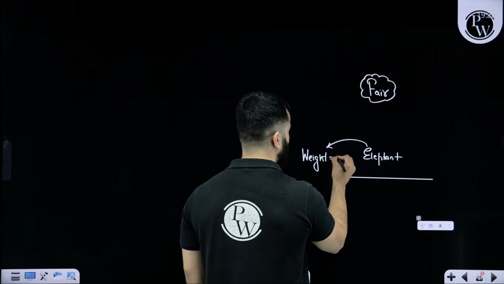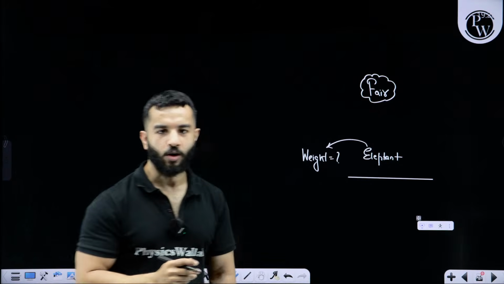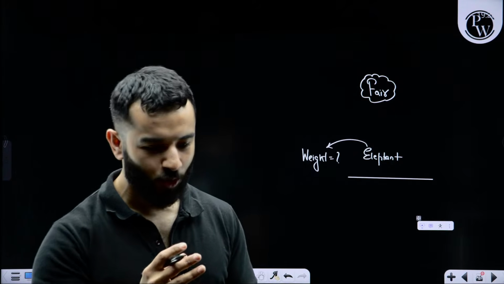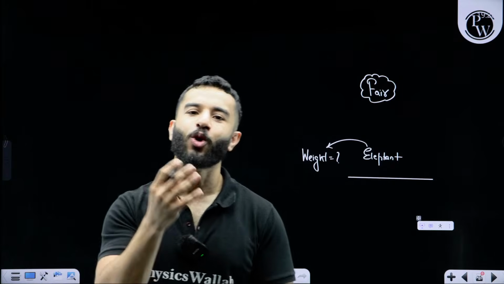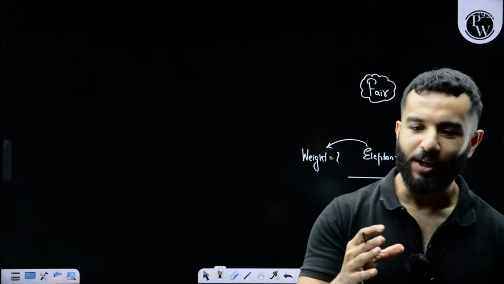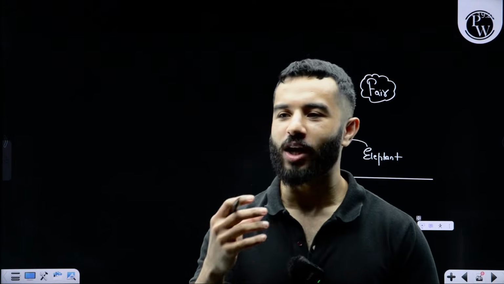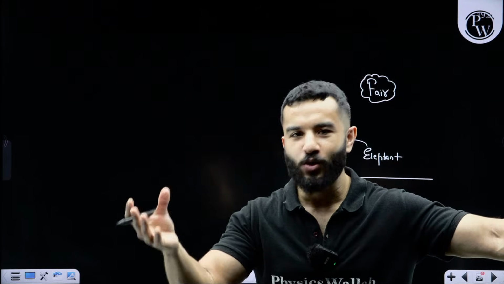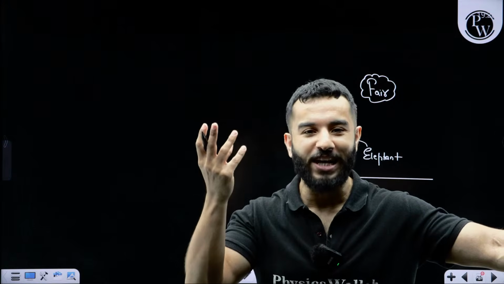Obviously, if you are not a wildlife enthusiast, then you might not know the weight of an elephant. And when you ask layman people, ordinary people who do not have sufficient knowledge about those things, they can come up with very random answers, right?